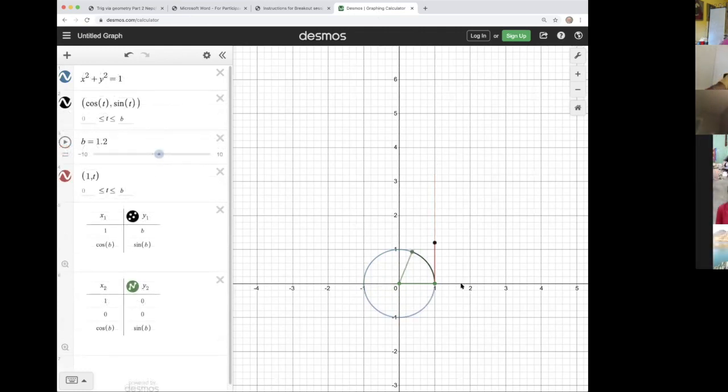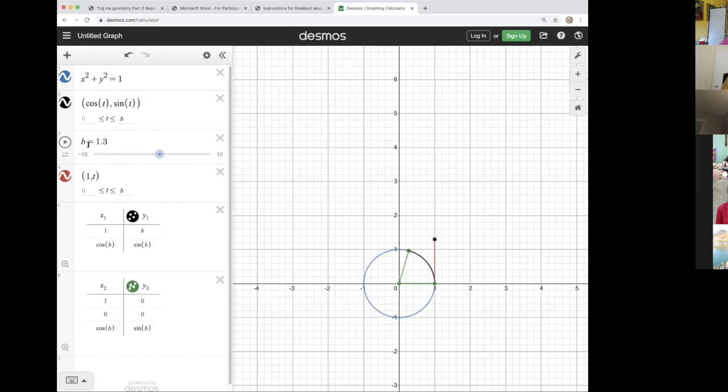And so here we have a graph of the unit circle. And then we have a graph that goes from the point 1, 0 around to the point cosine of t, sine of t. And this arc here is actually controlled by a slider.